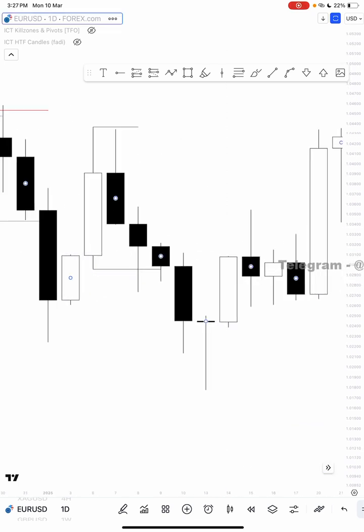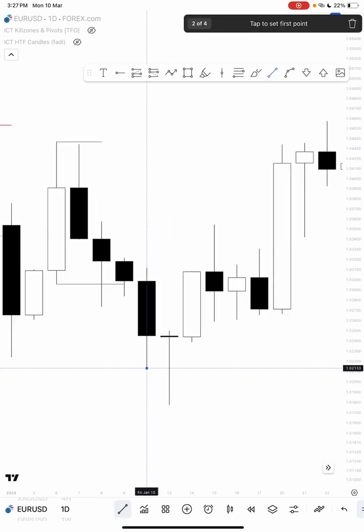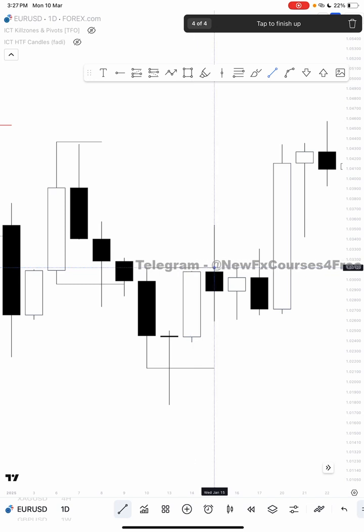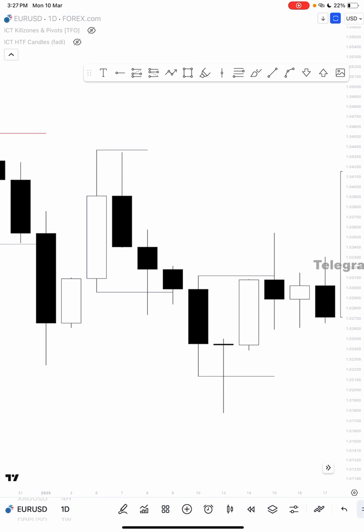Let's look at some more examples over here. Here you got your classic 3 candle pattern with your long wick, bullish rejection sign.